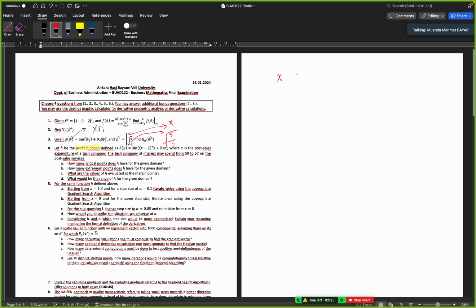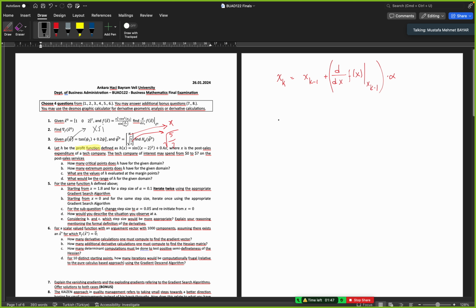The new solution xk is equal to the previous solution xk minus 1 plus, since this is the gradient ascent function, the function differentiated with respect to x, evaluated at xk minus 1. So this is just the first order derivative information times the step size. Let's start.